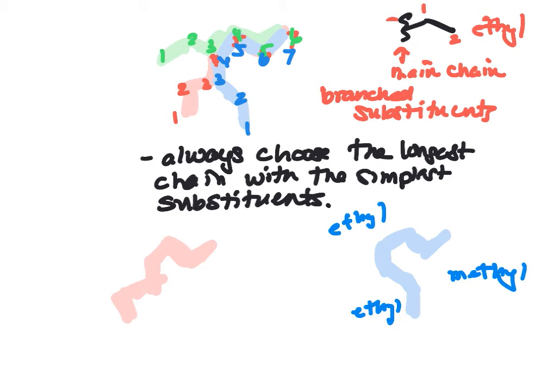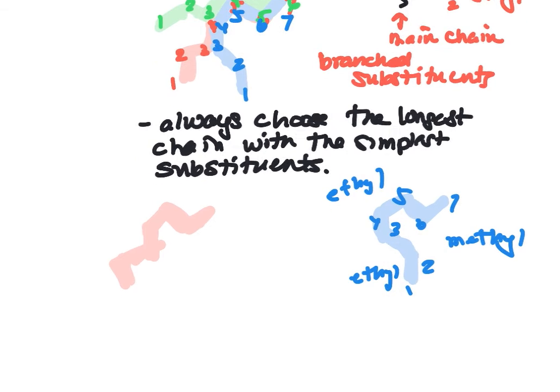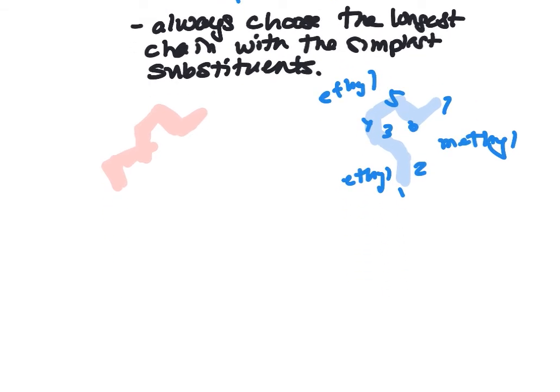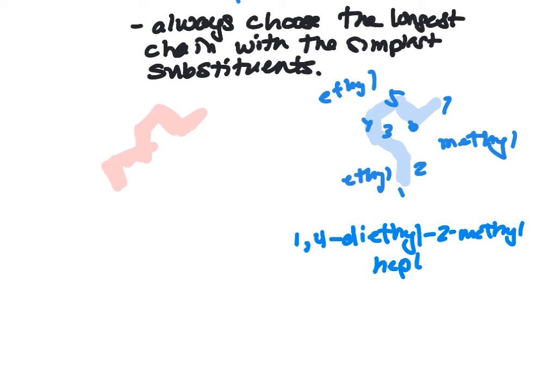In numbering, this will be carbon 1, 2, 3, 4, 5, 6, 7. So when we assemble the name, we will have 1,4-diethyl, 2-methyl-heptane.